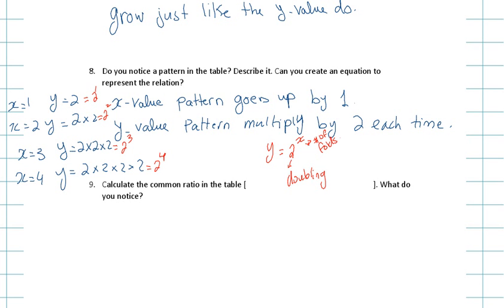Now, we've already calculated the common ratio, right? Remember, common ratio is y2 over y1. And so on and so forth. What did we notice about the common ratio? Common ratio is dividing. So when you divide it, what did we notice about the answer?